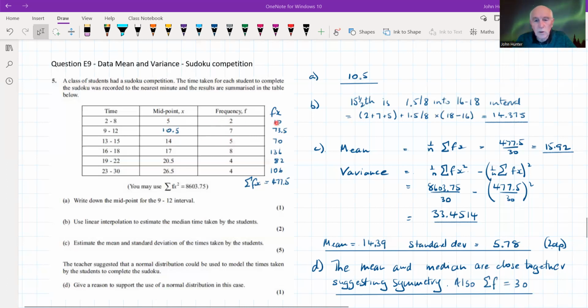So we can actually work out an estimate for the total, which is going to be this sigma fx here, frequency times the actual value across all these categories. So for this category, it's 10, for this category, that's 73.5, which is 7 times 10.5, and so on. Add all these down, we get 477.5.